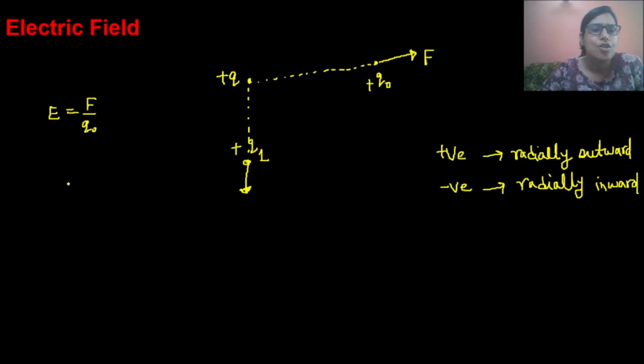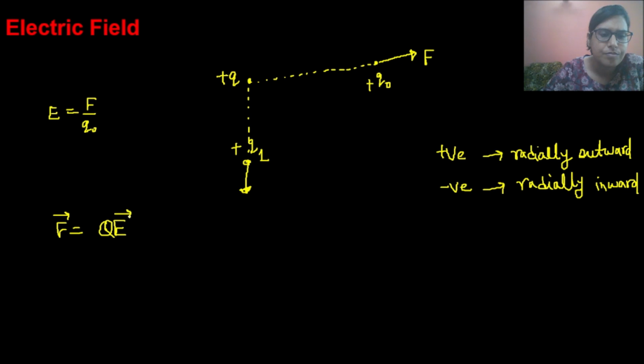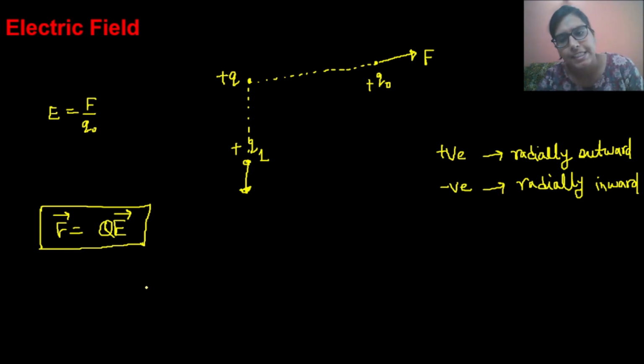Right. So relation between F and E will be F equals to Q into E. Remember this formula? We'll put Q with sign for direction. Right.